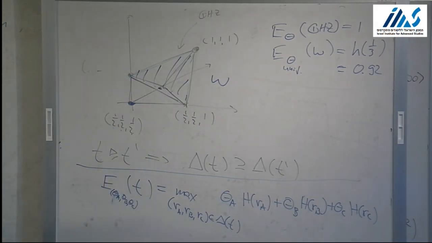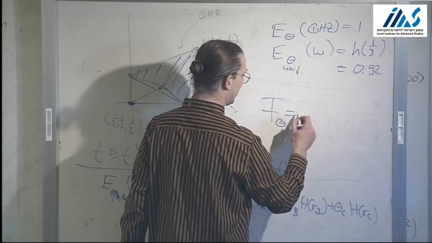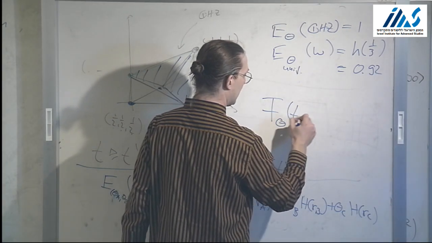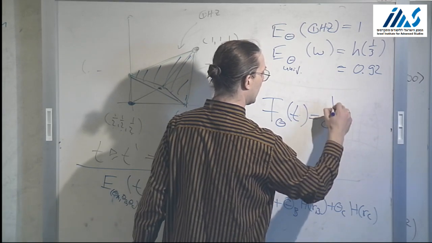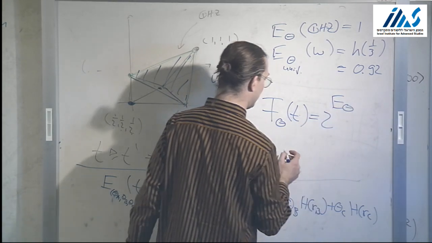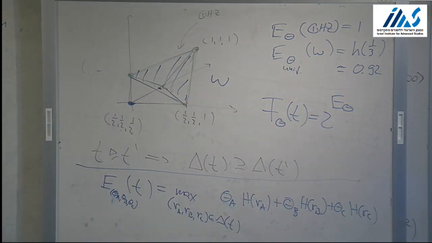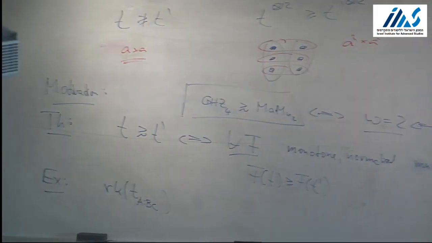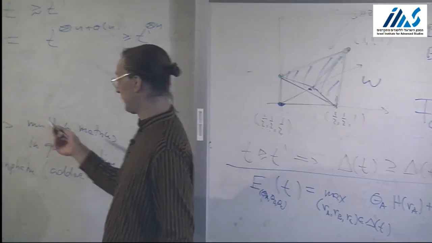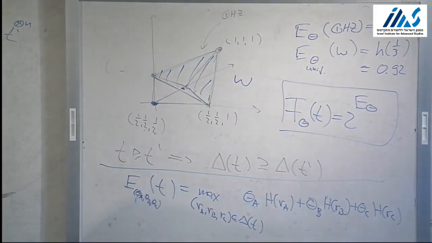So you define these functions, and then what we could prove was that if you define f as 2 to the E of theta, then these are functions that satisfy this theorem. These functions are monotone, multiplicative, normalized, and so on.